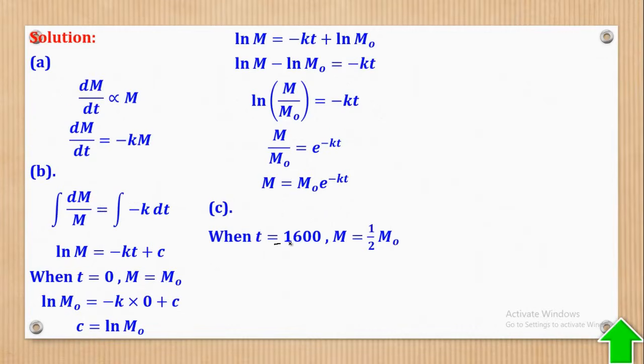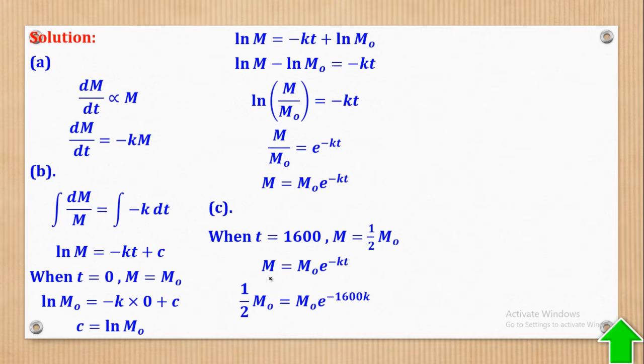So when t is equal to 1600, m is equal to half m0. Remember, this was the one which was initially present, so when it reduces to a half, the mass present becomes a half m0. So I substitute here in this equation for m, and also substitute for t.